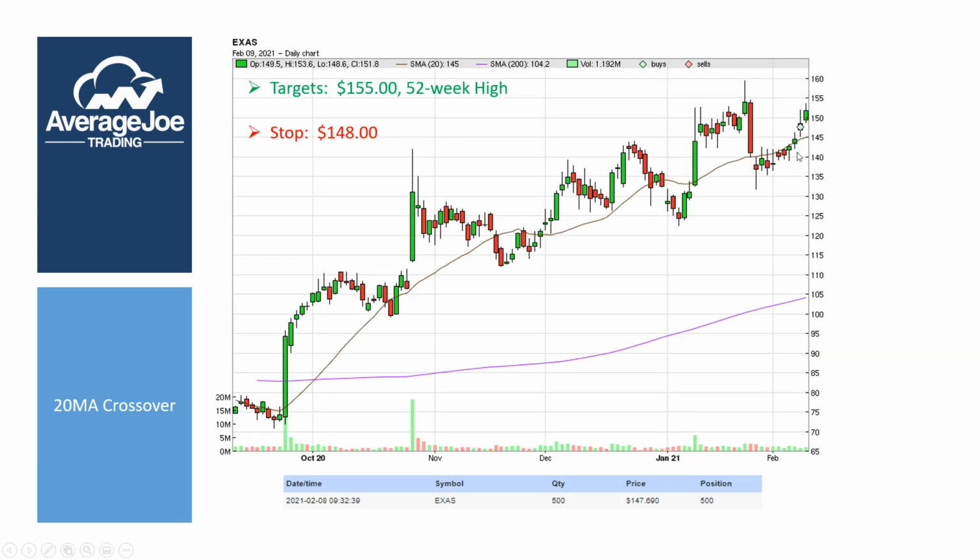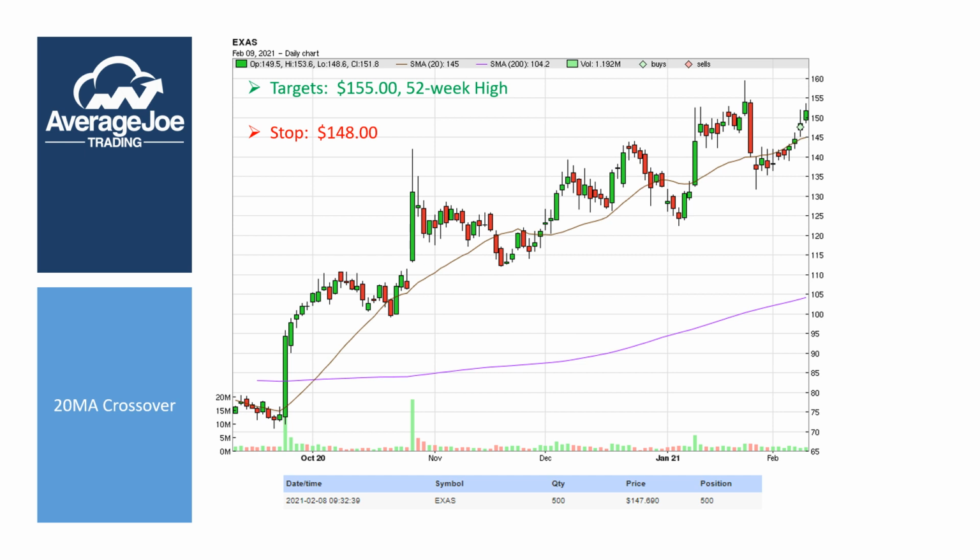EXAS, this is the one I got in Monday. We were looking good. This was yesterday. I was looking for 155 for the first target, then the 52-week high again for the second target. My stop was going to be 148. I wasn't going to let this take me red after we had such a strong day.